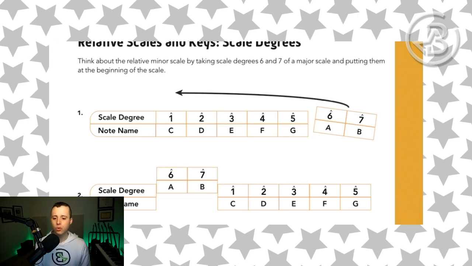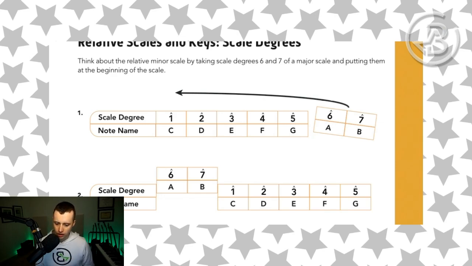This is another way of envisioning and understanding visually the connection between the relative major and the relative minor, in this case, a C major scale and an A natural minor scale. Remember, to find the natural minor, we count up to scale degree 6 in a major scale, and then we just start on scale degree 6. Scale degree 6 becomes scale degree 1, and then we just say all the note names for the major scale starting on scale degree 6 going up 1 octave.